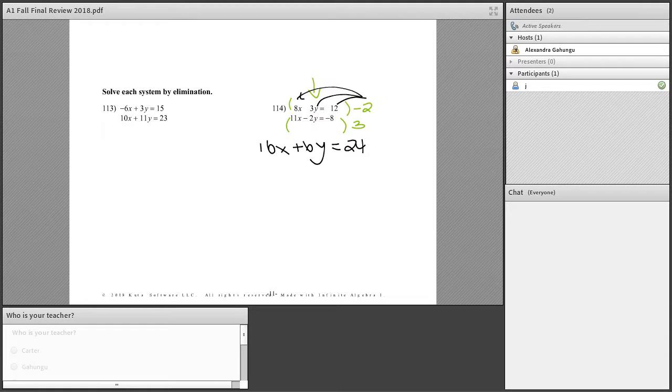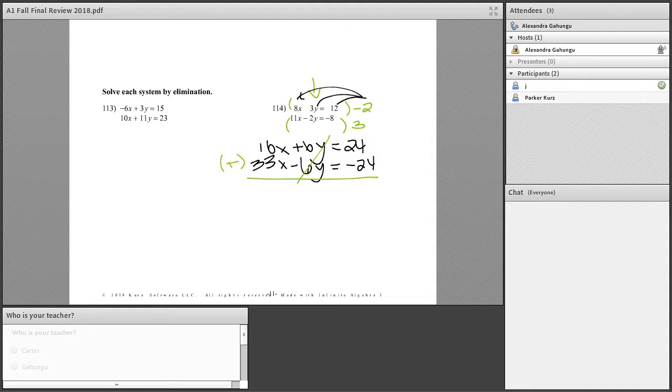Then you multiply by positive 3, and we'll get 33x, and negative 6y, and then we'll get negative 24. And what that'll help us do is that once we add our equations here, we'll notice that our y's, negative 6y and positive 6y, will cancel, which is what we wanted.